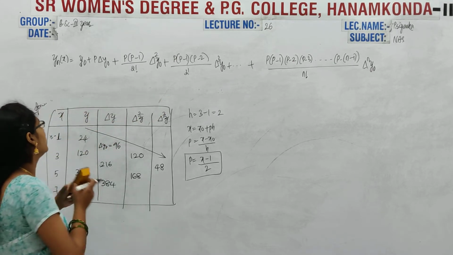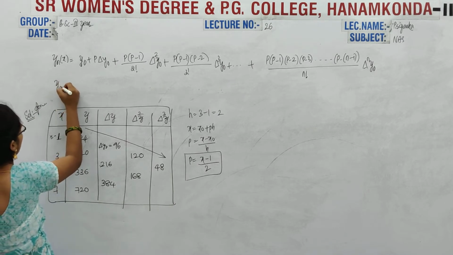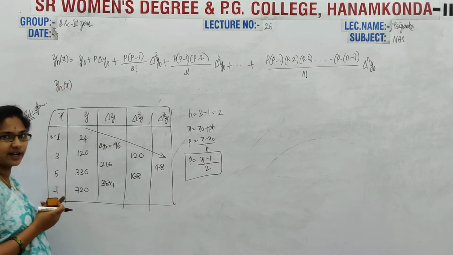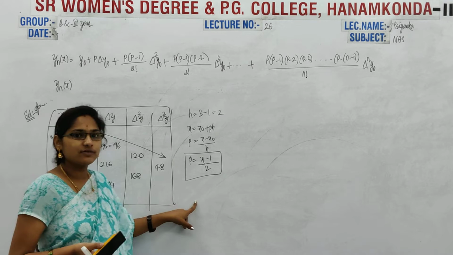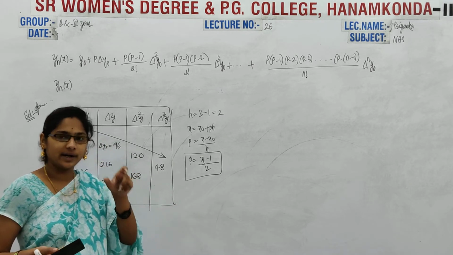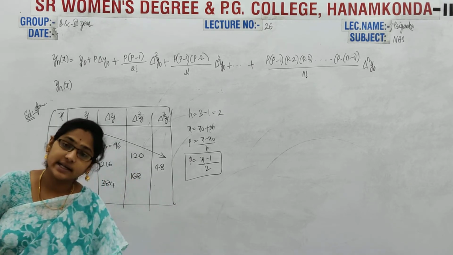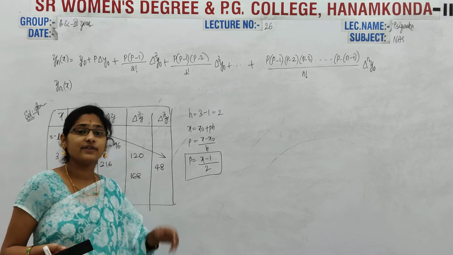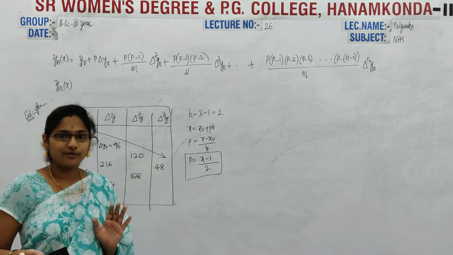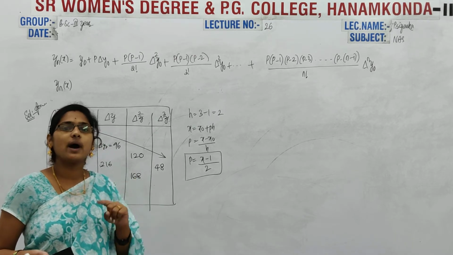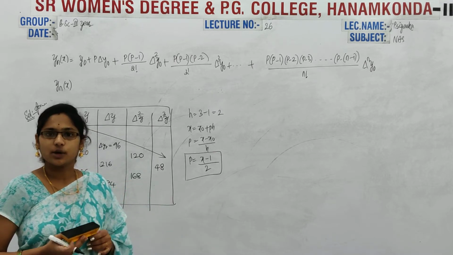Then y n of x, that means here I am finding that polynomial, because they asked for the cubic polynomial, in terms of x. Next time they may ask for y of 8. Finally, after getting the polynomial equation, you have to substitute x equal to 8.